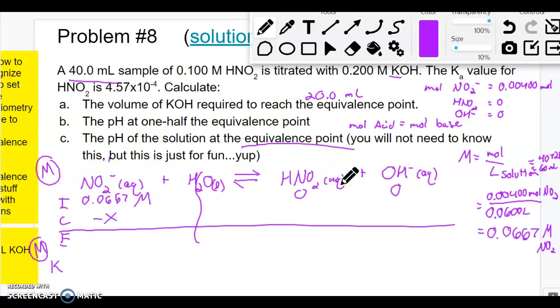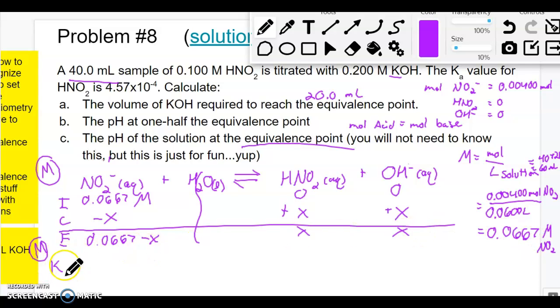So it's going to be minus X, and I'll get plus X and plus X. So I have 0.0667 minus X, and then X and X. If you ever watch other videos where they talk about dilutions first, this is the part they're talking about. You had moles of acid and moles of base that reacted and made your conjugates, or made your products. But then when you're starting here, you had to dilute it. You had to combine those volumes of the acid and the base in order to figure out the molarity.